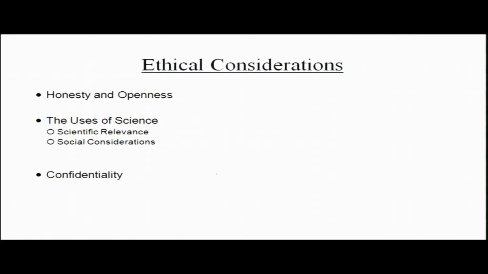The uses of science, of scientific relevance and social considerations. It's an obligation that you have to the discipline of social sciences that you adhere to the principles of scientific relevance and social considerations, and of course you are dealing with human subjects as your research subjects. So confidentiality and, if required, anonymity. These are very, very important ethical considerations for social science research.